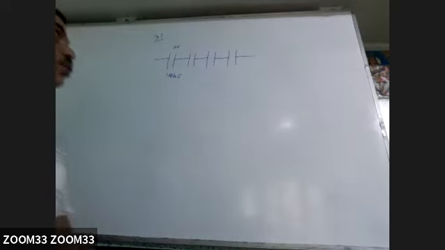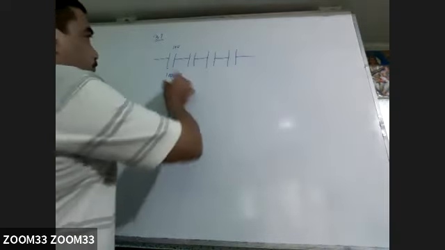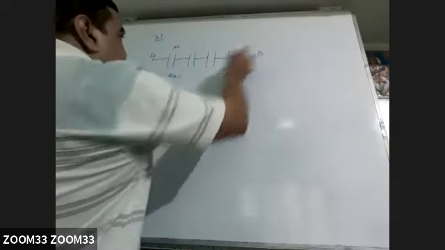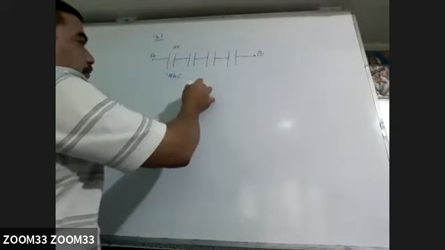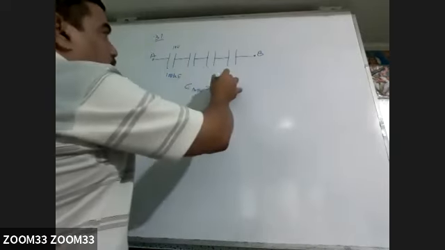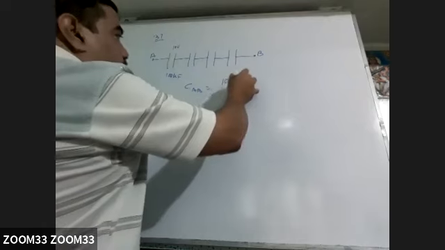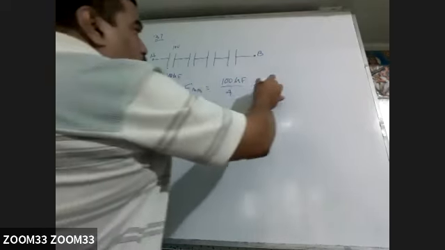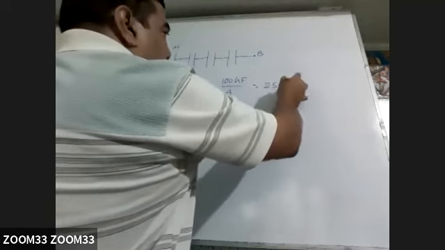Okay. So what is the equivalent capacitance? What will be C_AB? All are in series. So 100 microfarad over 4, they are equal only. So it is 25 microfarad.